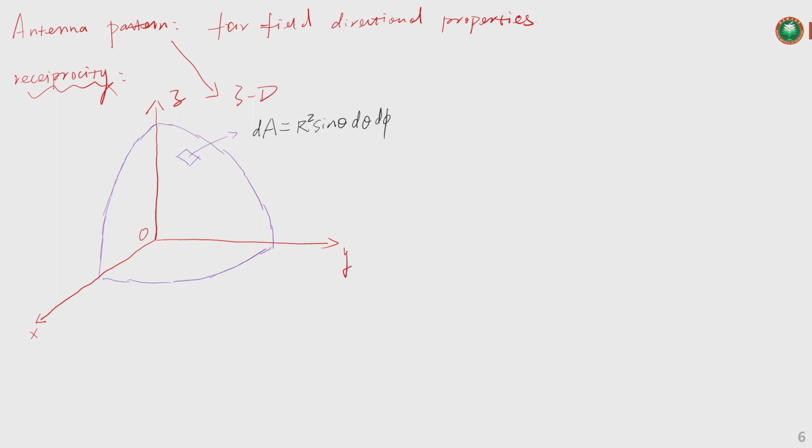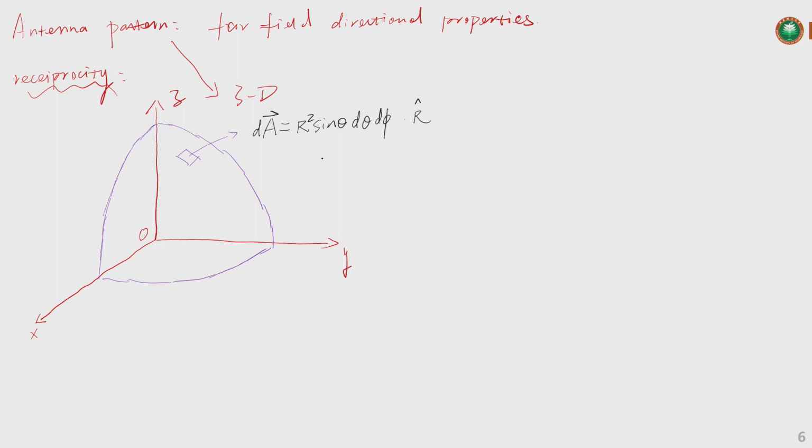Now, if we know its direction, it is along the radial direction, right? This direction. So its direction is just the normal direction of the sphere's unit area.